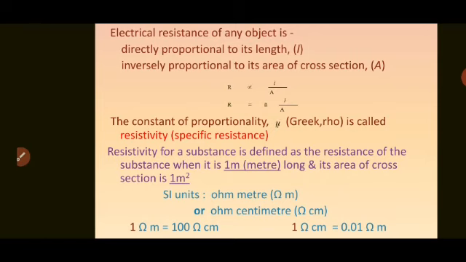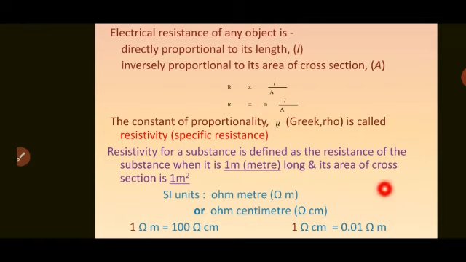One more unit is ohm centimeter. The relation between meter and centimeter is: 1 ohm meter is equal to 100 ohm centimeter, or in terms of centimeter, 1 ohm centimeter is equal to 0.01 ohm meter.